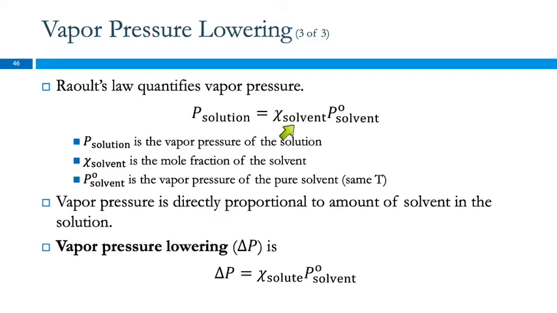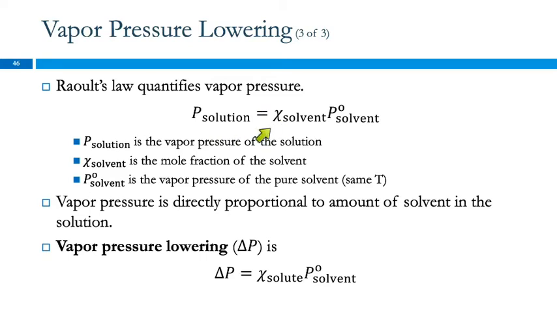If it's only half solvent, then that's going to affect the pressure. The pressure is going to be half as much as if you had a pure solvent. So the vapor pressure is directly proportional to the amount of solvent in the solution. So this is a useful equation.